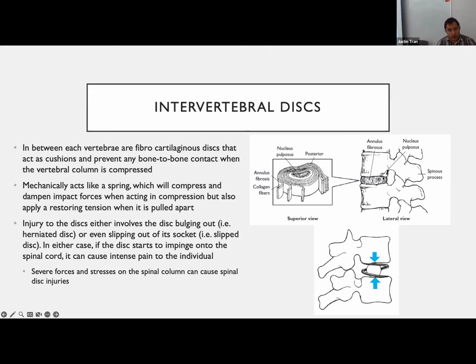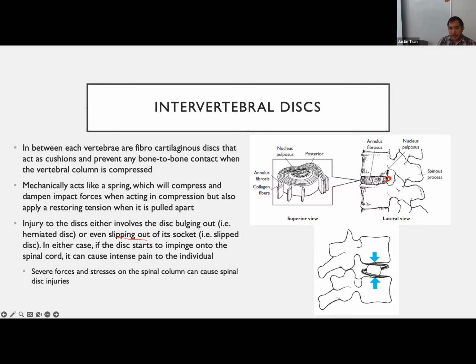Sometimes your disc can be squeezed to an extent that some of it starts to leak out like that. In the worst case, you could have a disc completely slip out. You've probably heard of people getting slipped discs. That's pretty extreme and usually very painful, but even a hernia can be extremely painful as well.